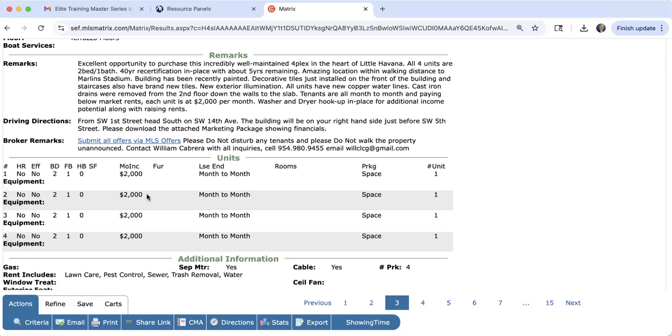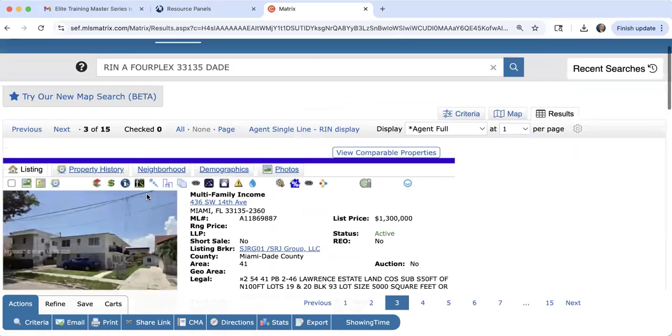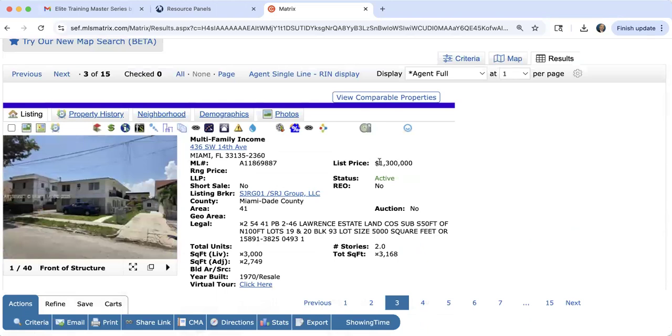Now I could do a quick analysis on this by grabbing the $8,000 monthly income and multiplying it by 12. So $8,000 multiplied by 12, we're looking at $96,000. Now divide that by the $1.3 million sales price. So $96,000 divided by 1,300,000, you're looking at 7.3%.